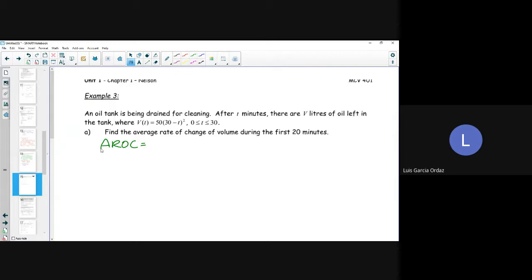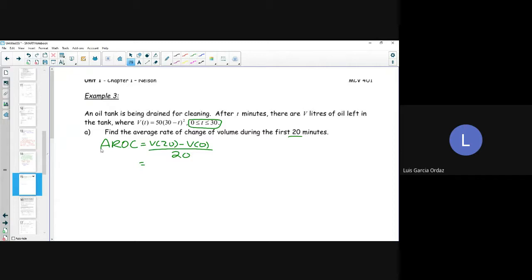Remember, we're finding it between the first 20 minutes, which means that we will use what t values? What would be the best t values to use in this case? 0 and 20. So we're going to do the volume at 20 minutes minus the volume at 0 minutes divided by 20 minus 0, which is just 20.